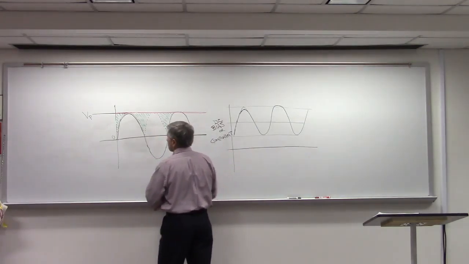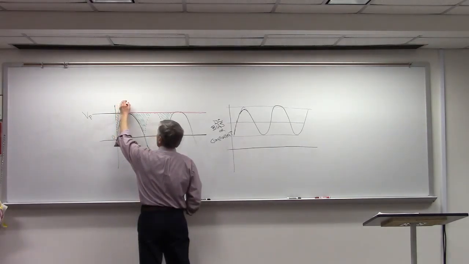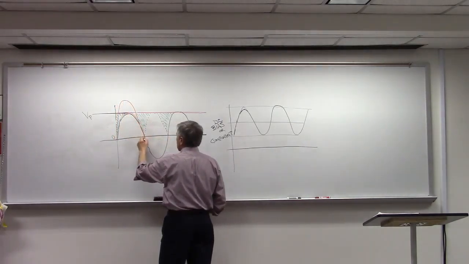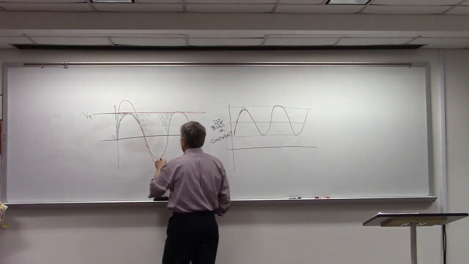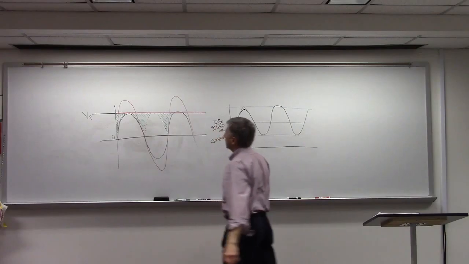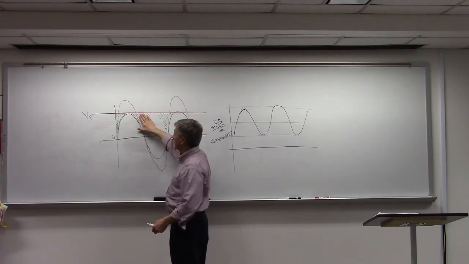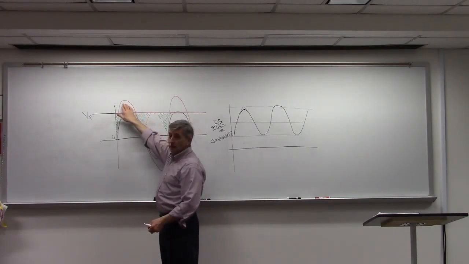So I'd have to increase that AC wave somewhere up in here, make it look like that. And if I did that, then the gap that appears here, the deficiency that appears here, would be made up for in the excess up in here, okay?